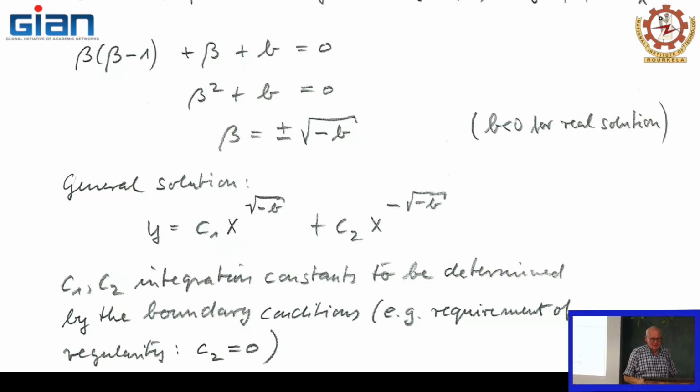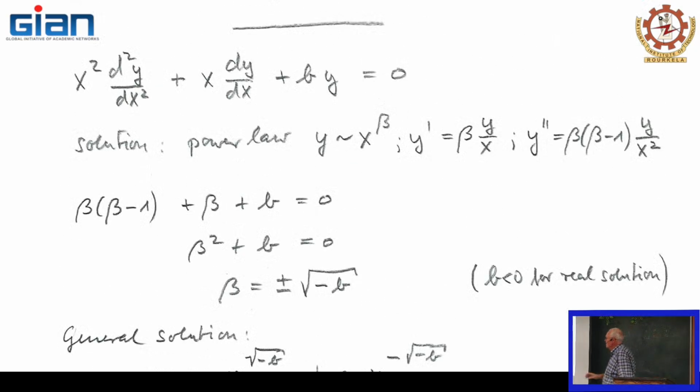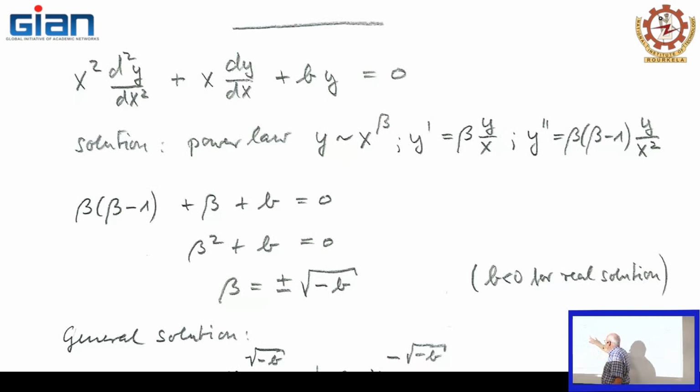x equal to 0 is a singular point because in this case the coefficient vanishes like x squared, and this is the second order, so it vanishes with the same power as the order of the differential equation.